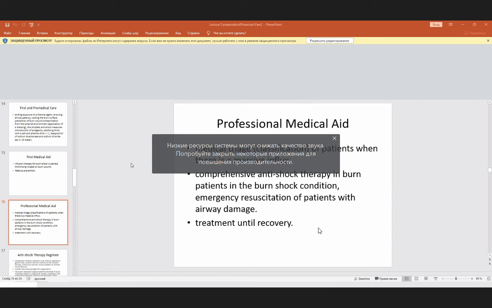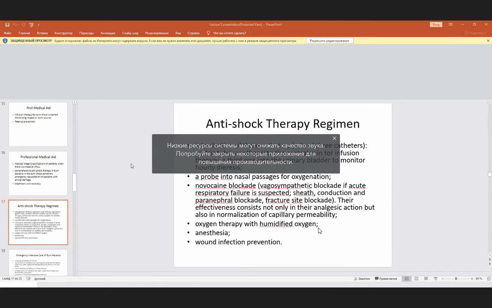It is manifested by the development of endogenic intoxication syndrome in response to the penetration of incomplete or disturbed metabolism products into the blood, degradation of damaged tissue, and hematosis organs.